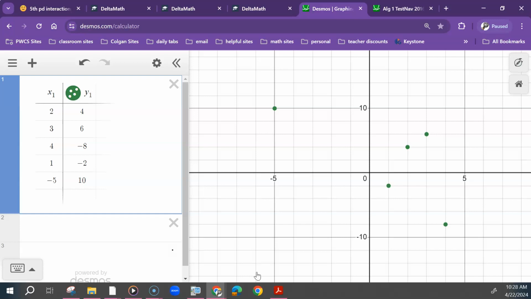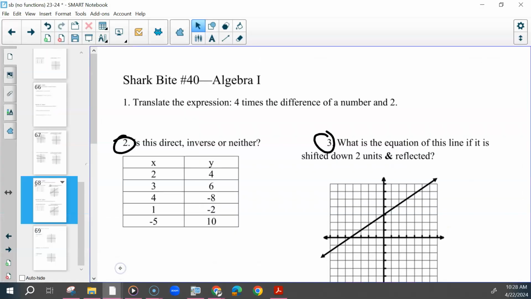I could check it algebraically by dividing. This would be 2, 2, negative 2, so not the same. By multiplying, this would be 8, 18, so again, not the same. So neither was your answer there. And if you use Desmos, as I did, make sure you use Desmos.